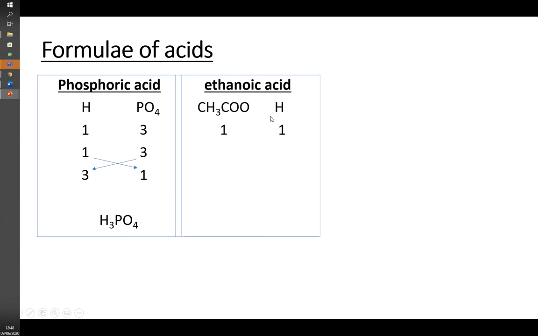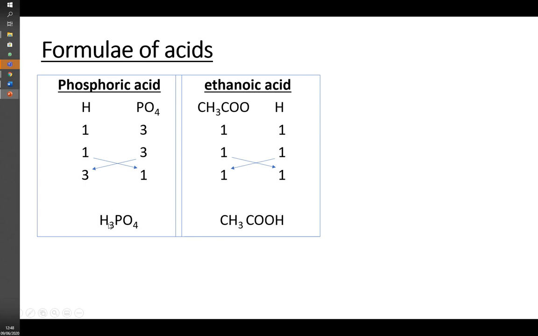And we also know hydrogen's got a valency of 1 again. Can't simplify 1 and 1, so we write the numbers down, swap the numbers over, and this tells me that for every one ethanoate ion, I've got one hydrogen ion. So that's a formula of CH3COOH.